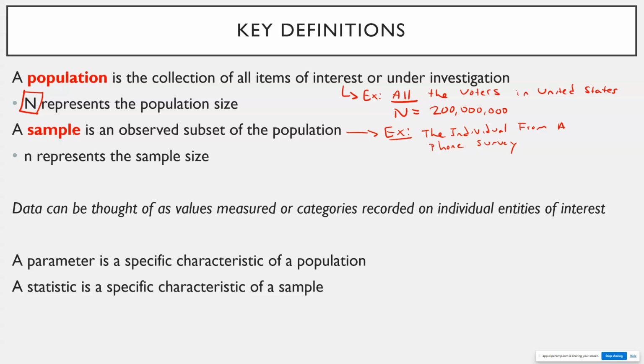And a lowercase n represents the sample size. Believe it or not, in survey research, they probably only need to call between 1,000 and maybe 1,500 people. Our goal, or what we hope, is that the sample does a good job estimating or approximating the population.